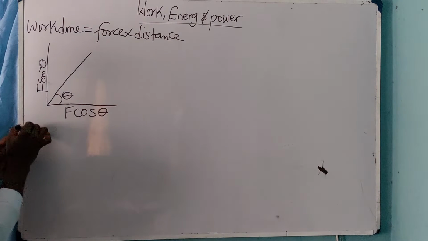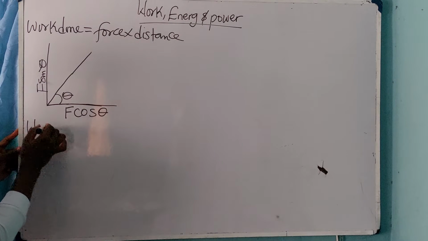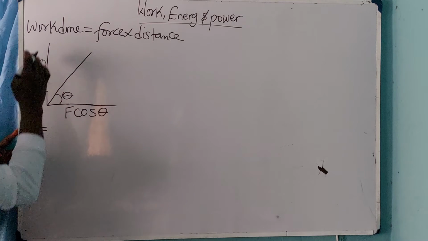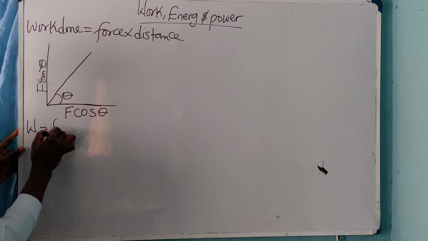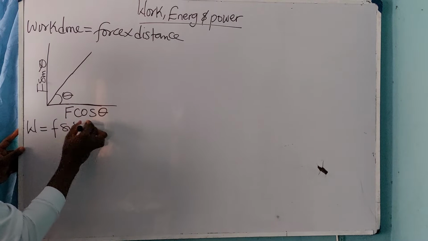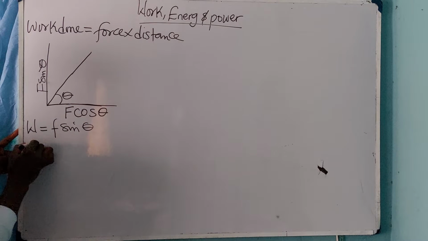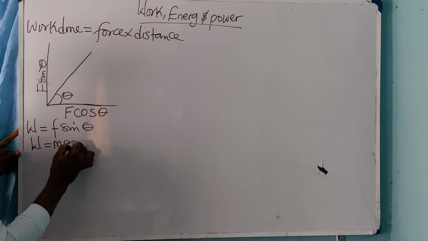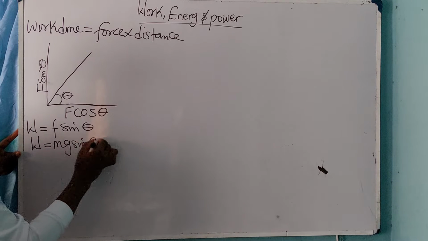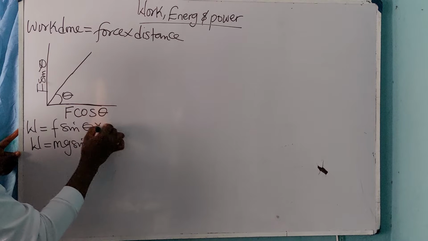Therefore, work done along the vertical component is force sine theta times distance. I can also put it as W equals mg sine theta times s.